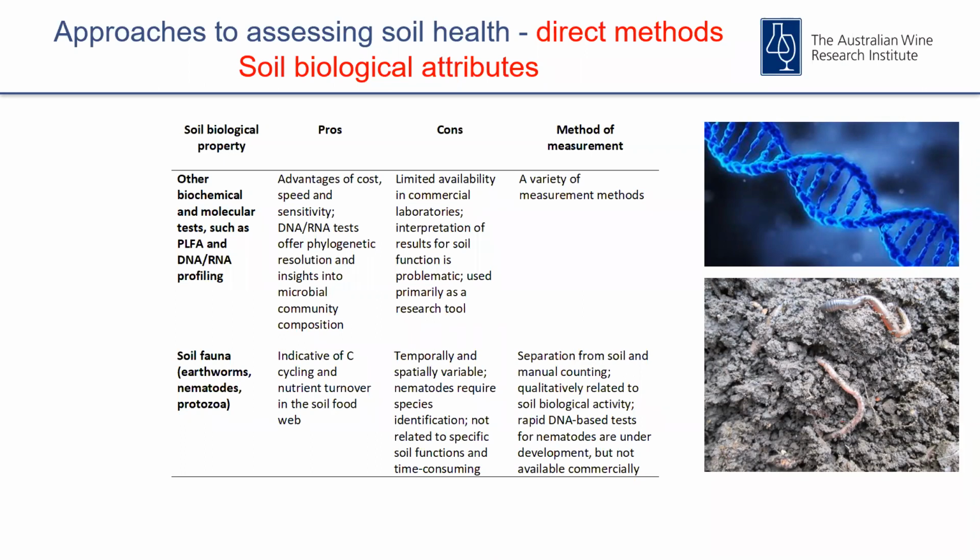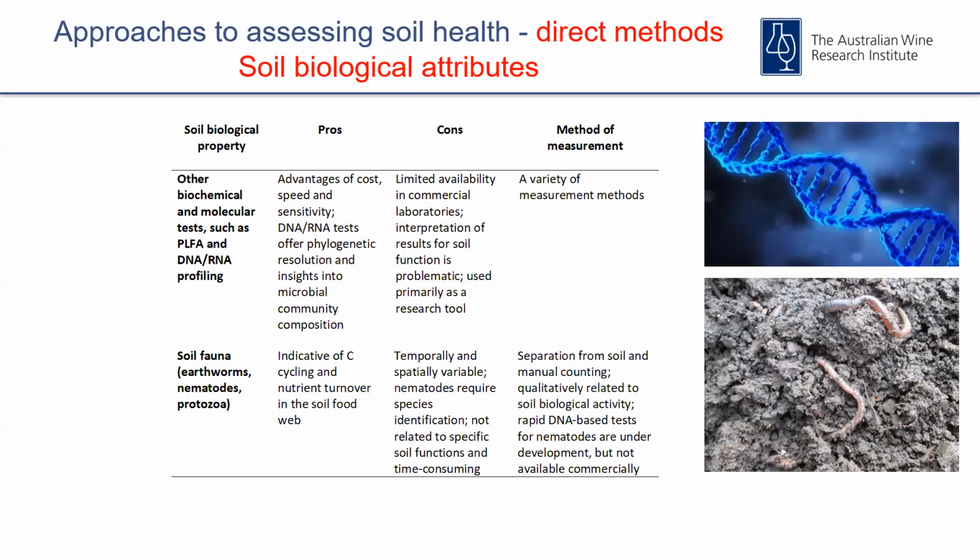But of the laboratory tests, the one that I would emphasize is soil organic carbon. And I'd add to that labile carbon, which is the carbon which is easily decomposable and is measured by extraction in dilute potassium permanganate or hot water.